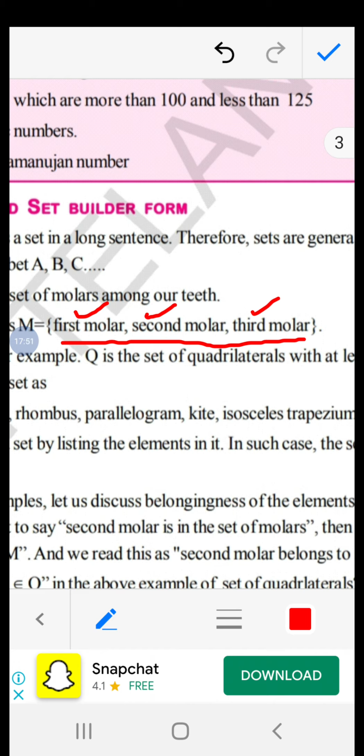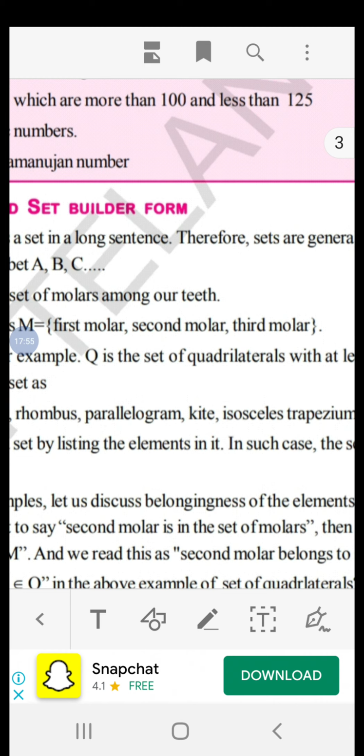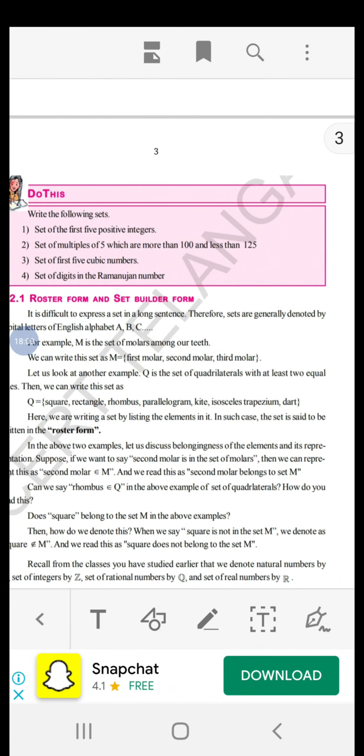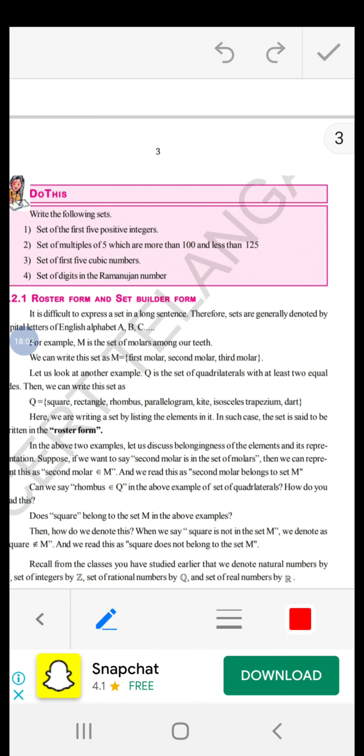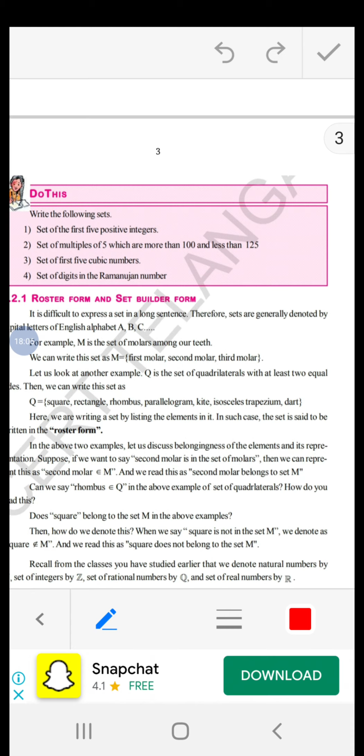Now we come to another point, about the types of quadrilaterals. What are the types of quadrilateral here?